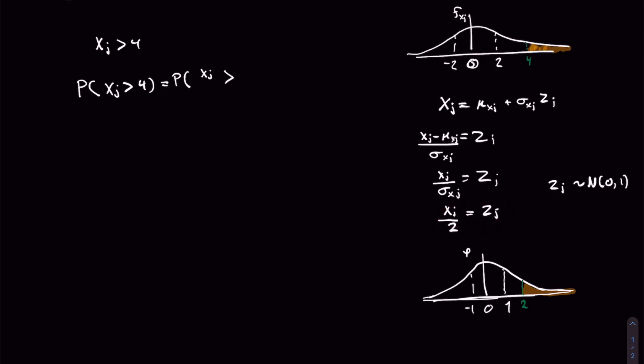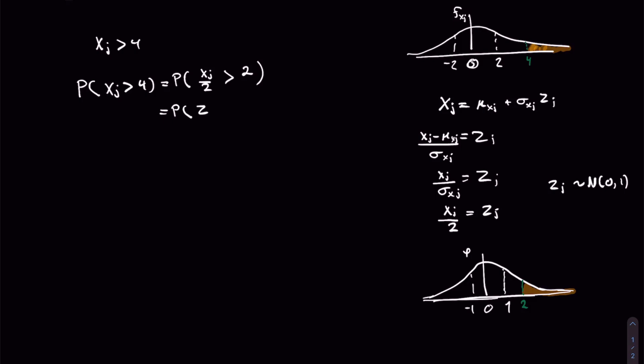So instead of dividing by 4 or any other number, we're going to divide this by 2. We're dividing by 2 in order to get this inequality here, and now we can see that this is the standardized version.